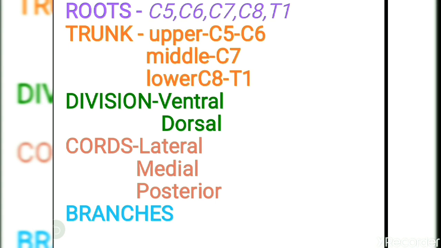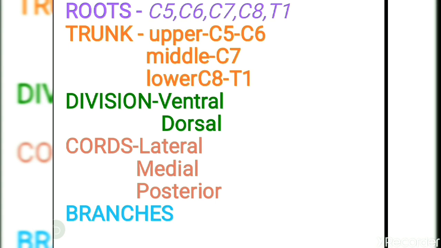In the prefixed plexus, the contribution of C4 is larger, but T2 is often absent. In the postfixed plexus, T1 is large and T2 is always present, but C4 is absent and C5 is less. Okay, so this is just a note.